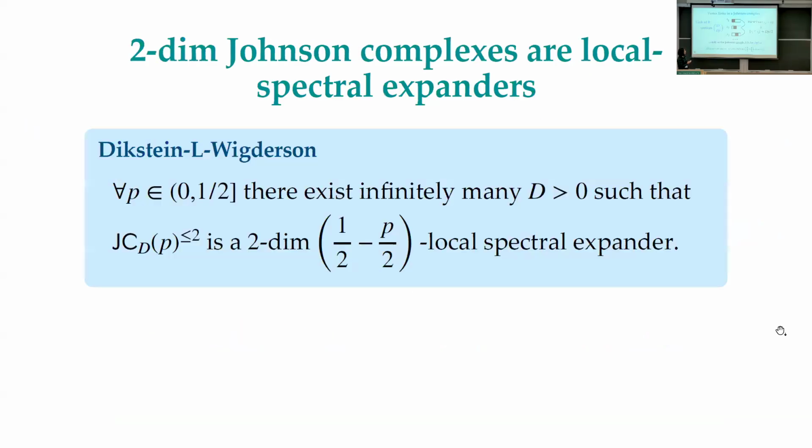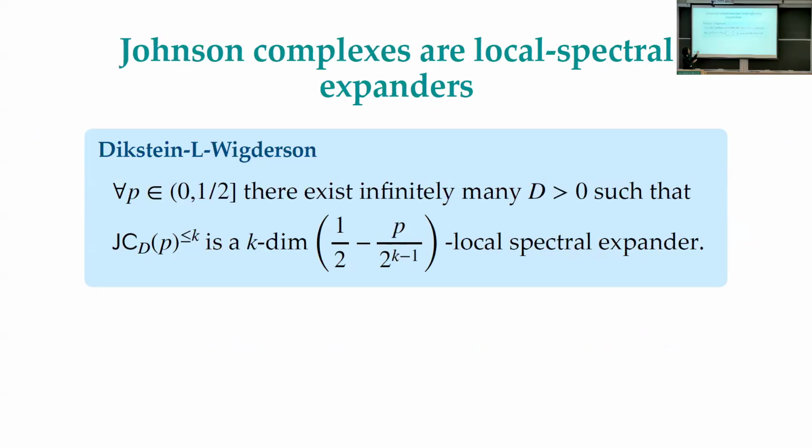We call it a Johnson complex precisely because its links are Johnson graphs. So these Johnson complexes are two-dimensional local spectral expanders with this parameter. In general, there is a way of generalizing it to k dimensions, and proving that the k-dimensional version is a 1/2 minus p over 2 to the k minus 1 local spectral expander.